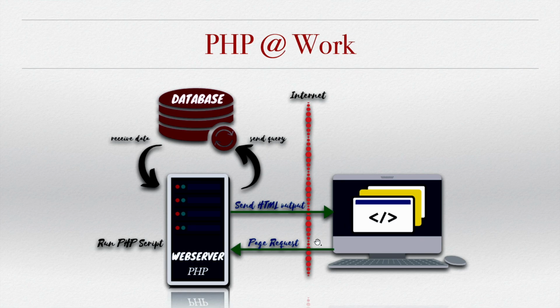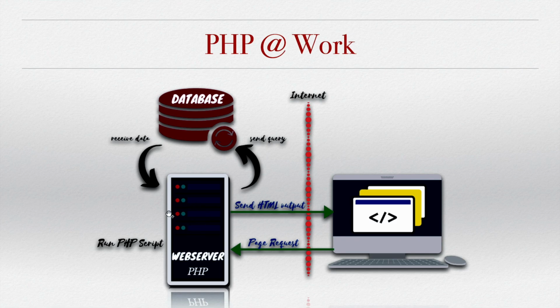The page request goes to the web server. In that page, there is probably a PHP script which gets executed, or parsed and interpreted, by the server. Based on the script's instructions or statements, the script would probably send a query to a database to get some information. That data is retrieved and sent back to the PHP script.